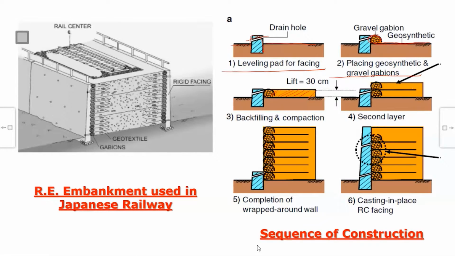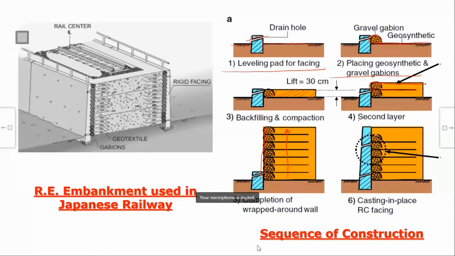Then the same thing again, the geogrid reinforcement is wrapped around this gravel gabion, and the second layer. Like that, one by one, they construct all the layers, and these gabions act as temporary retaining structures, so they are able to construct an almost vertical face or vertical face.